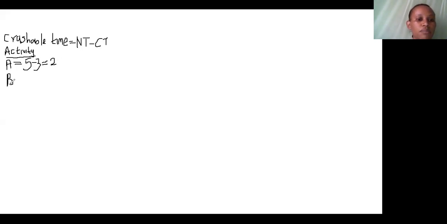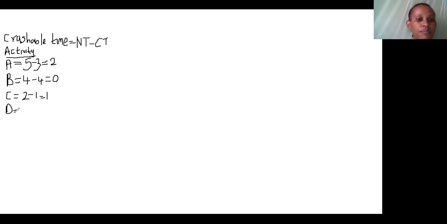Then activity B: the normal time is 4 and the crush time is also 4, meaning at no point can we crush activity B. Activity C has a normal time of 2 and a crush time of 1, so it is possible to crush it by 1 week.